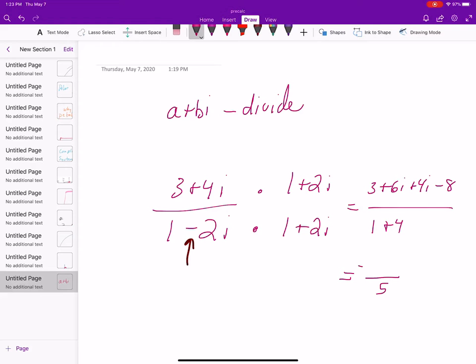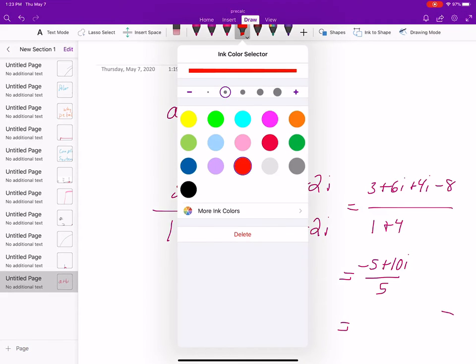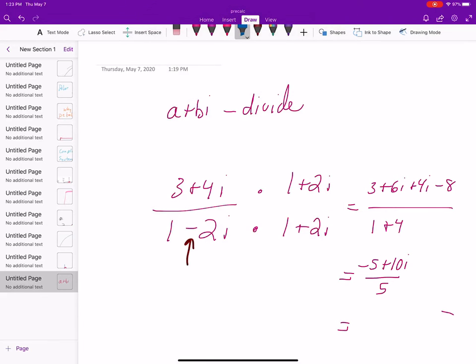So we're going to get a negative 5 plus 10i, and this should all be reduced. 5 goes into the 5 and the 10, so we're going to have a negative 1 plus 2i, just like that. That is how you divide them in A plus BI form.